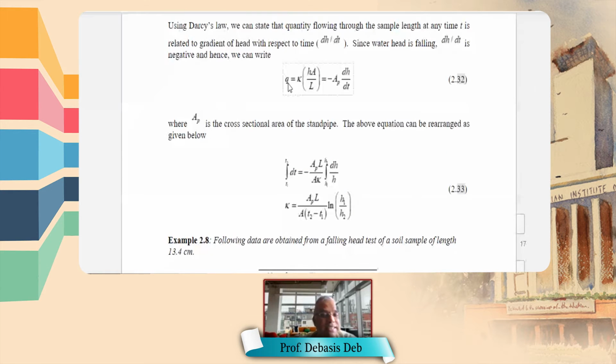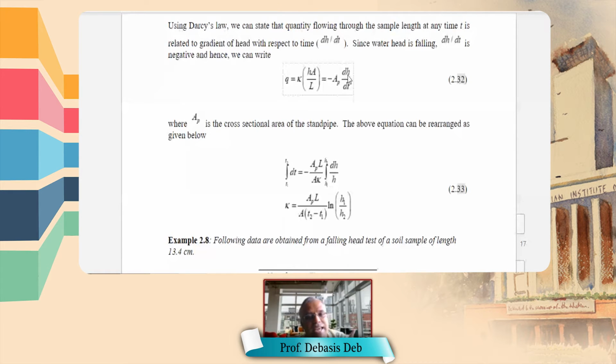See, the quantity must be the same, right? Whatever it is falling through that standpipe, that smaller pipe, and that quantity is what? The dH by dt. Let's say for certain time dt, it has fallen by dH. So how much has it fallen?